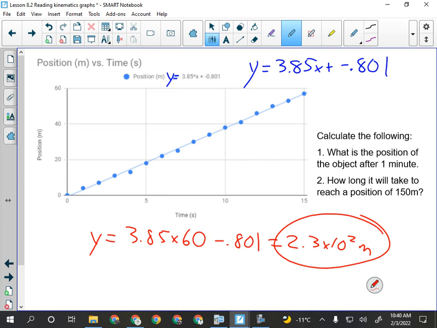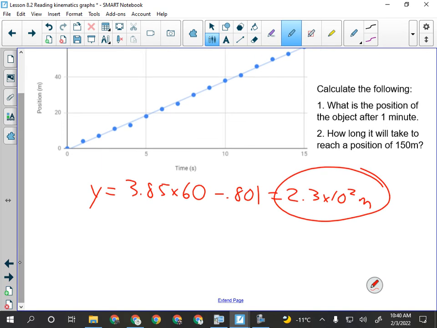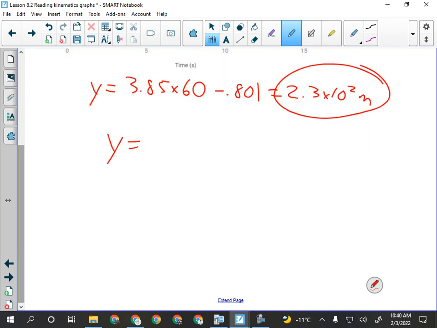All right. For question number 2, it's asking how long it'll take. So now I'm being asked to calculate x, because time, how long, is on the x-axis. That means I've got to manipulate the graphing equation to solve for x. So I'm going to subtract b from both sides, and then divide by m, and that'll leave me with x.